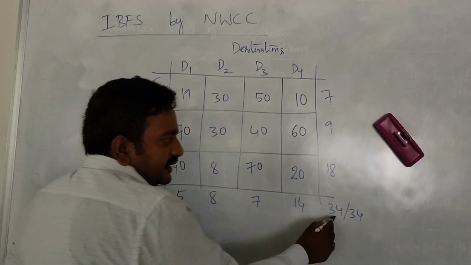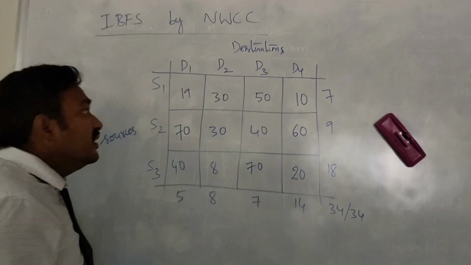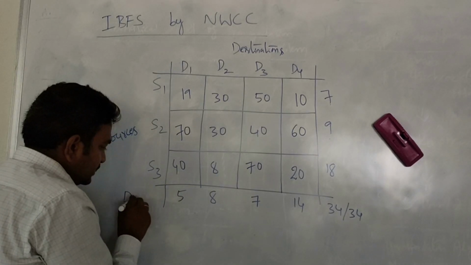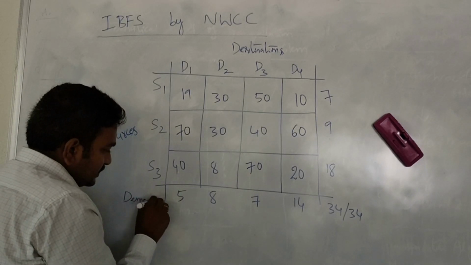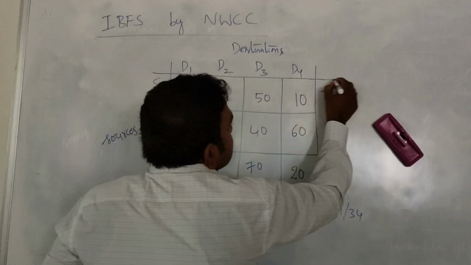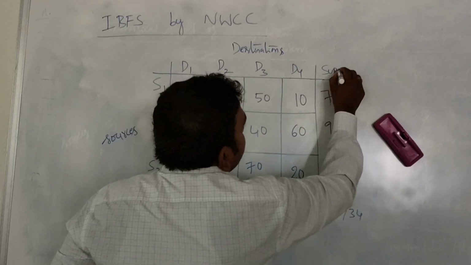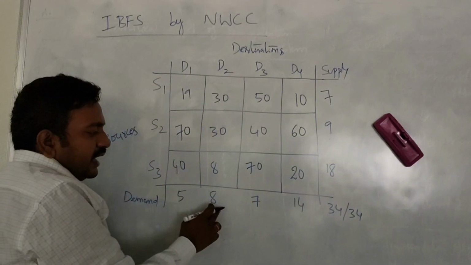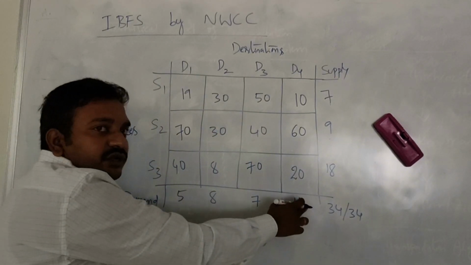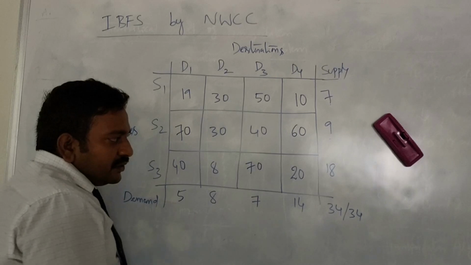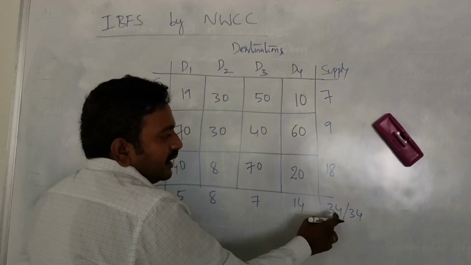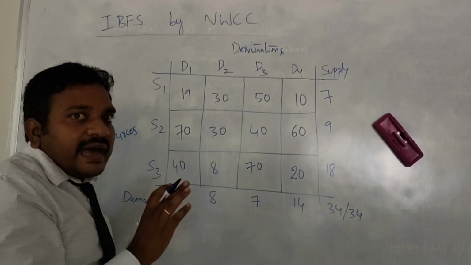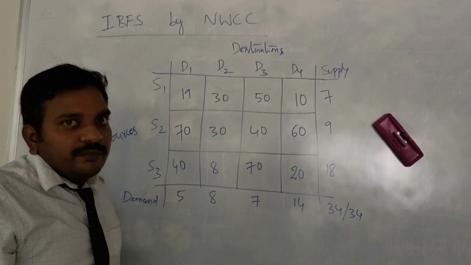Together it is 34. These are the demand requirements: D1 has a requirement of 5 units, 8 units, 7 units, 14 units respectively, together 34. I have 34 supply and 34 demand. So it is a balanced transportation problem.